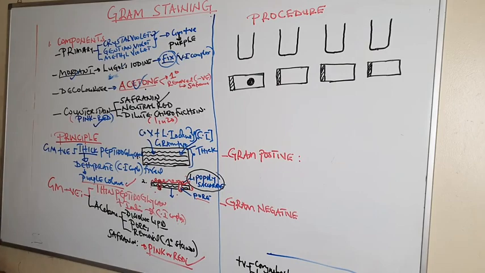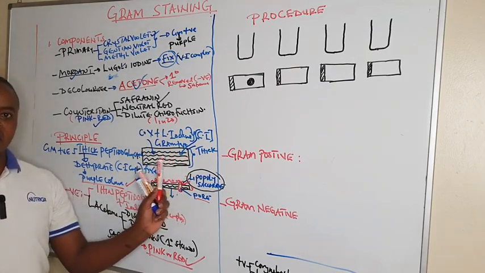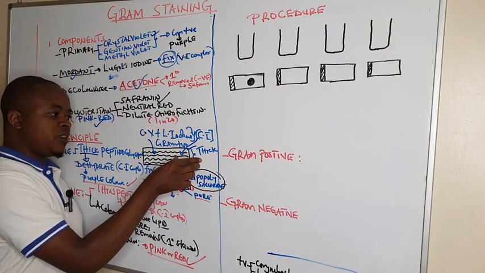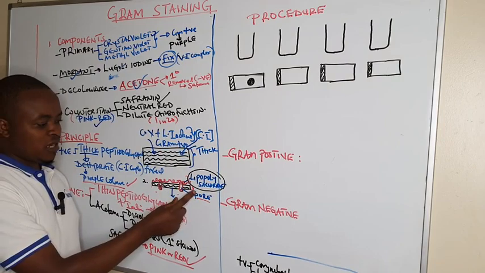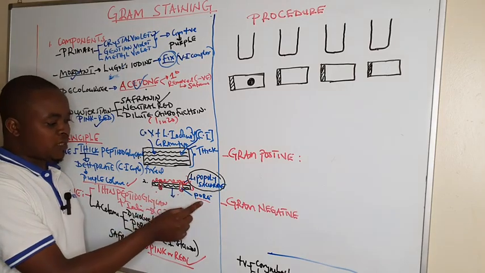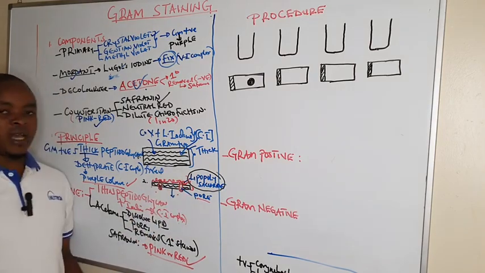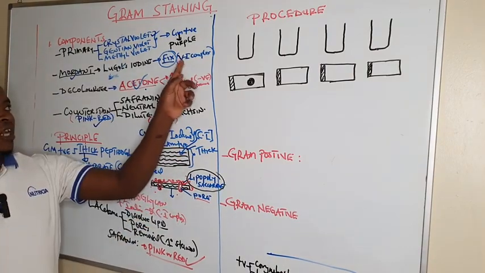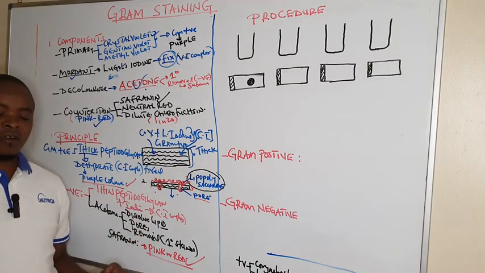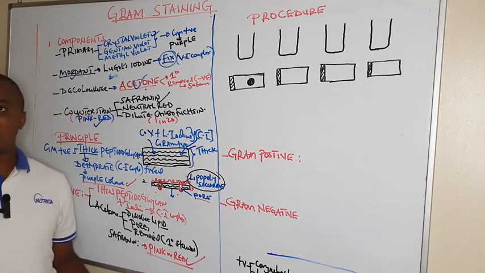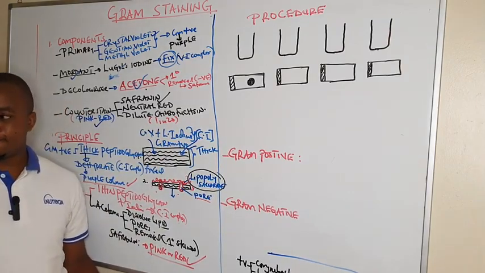The reason is the cell wall, the peptidoglycan layer. In the gram-positive it is thick, whereas in the gram-negative there is the lipid layer with pores together with a thin peptidoglycan layer, which does not allow the violet iodine complex to remain on the organisms. Hence, it is lost on decolorization and the organism ends up taking the counter stain.